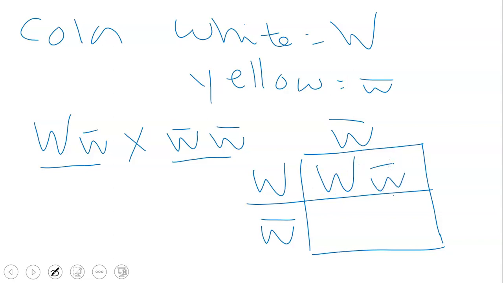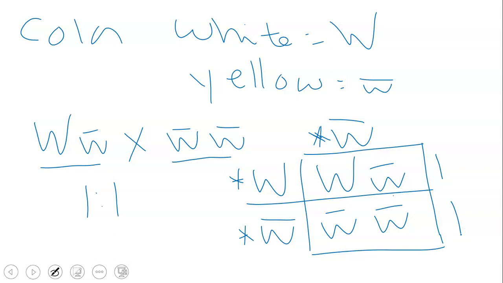Okay, so again, that's if this gamete is fertilized by this gamete. Okay, in the second box here, it's going to be this gamete with this gamete. So it's going to be little w, little w. And so here, you would end up with a 1-to-1 phenotypic ratio. 1 heterozygous white squash and 1 homozygous recessive yellow squash.